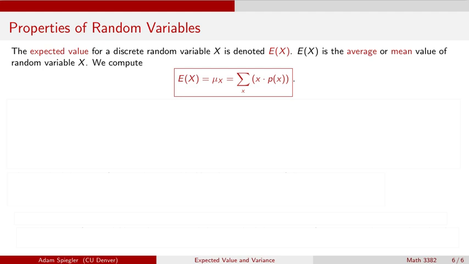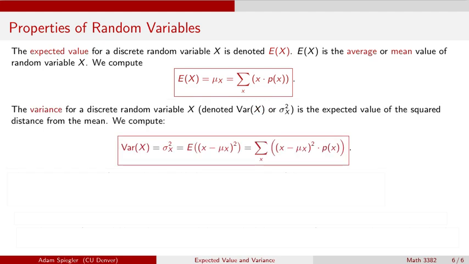We have also discussed ways of measuring the variability of a random variable. So this expected value of the squared distance from the mean, we call the variance of x. And we denote this with VAR of x or sigma squared x. So we use this Greek notation when we're describing properties of random variables.